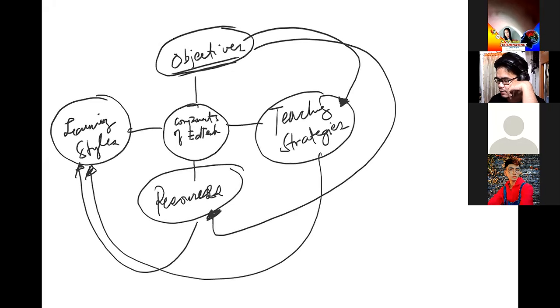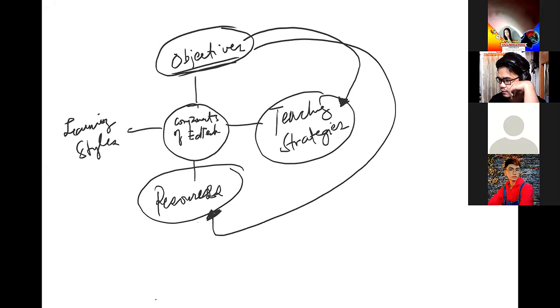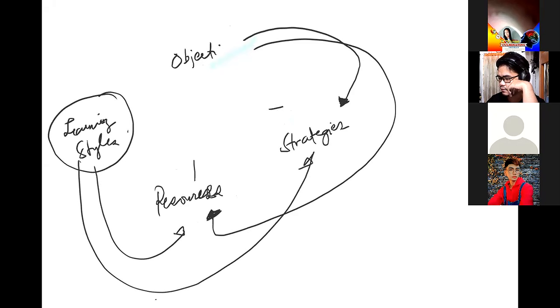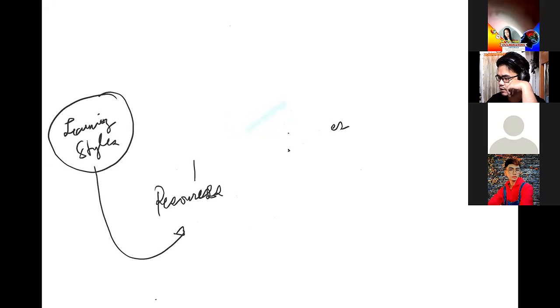Sorry, mali yung ano natin. The learning styles, okay? In other words, guys, let's erase that. There are two things among these four components of educational technology.